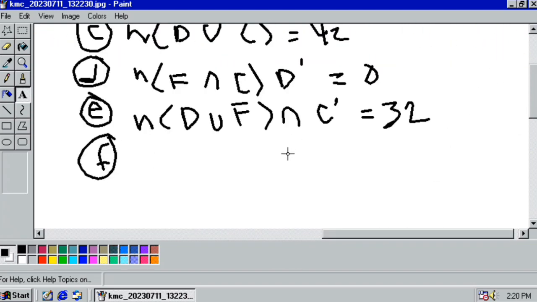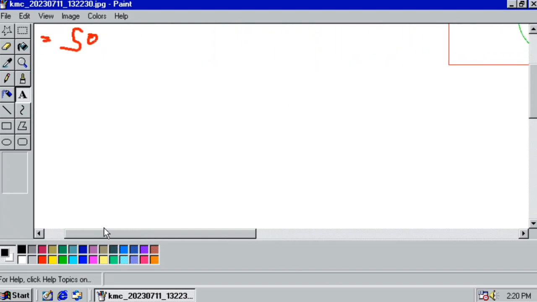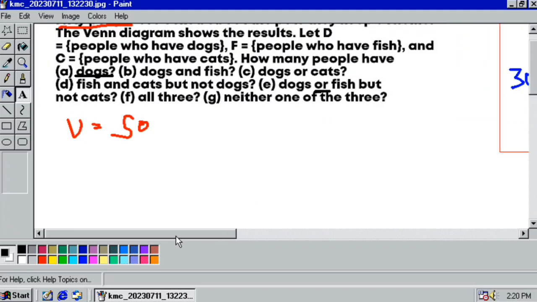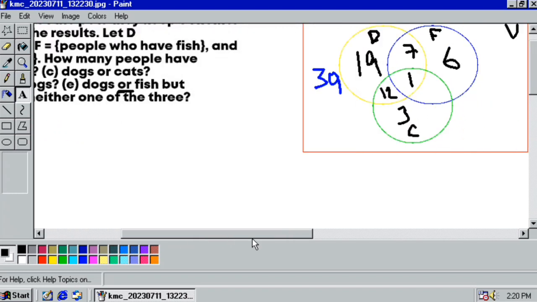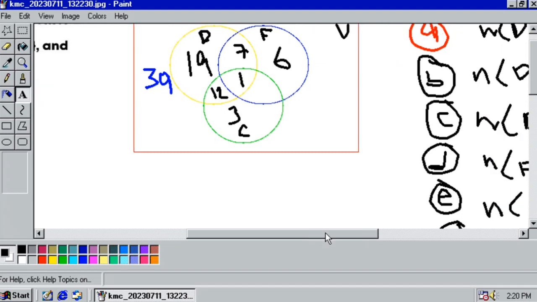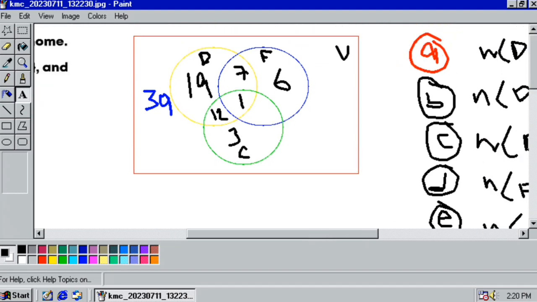Next, let's have F. The question for F is how many people have all three pets? So it will be the intersection of D, F, and C. The intersection where all of these circles intersect on a single point will be this.